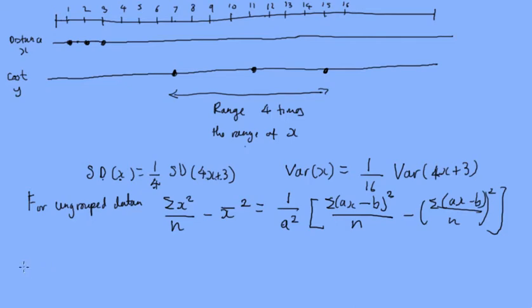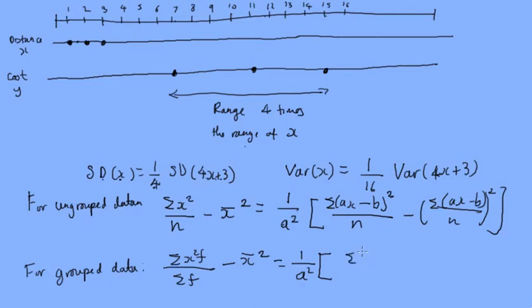And for grouped data, we'll have the sum of x squared f over the sum of f, minus the mean squared, is going to be again 1 over a squared.